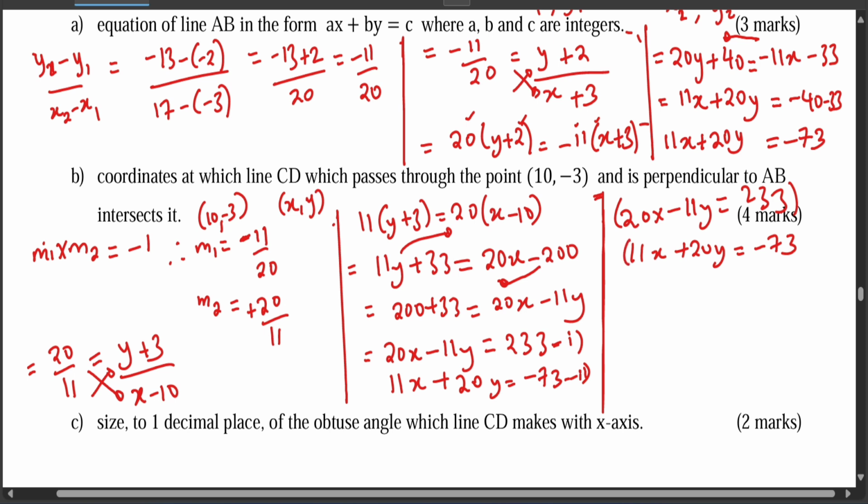So the 11 at the bottom will multiply the equation at the top, and the 20 at the top will multiply the equation at the bottom. Now 11 times 20x gives you 220x. 11 times 11, -121y.